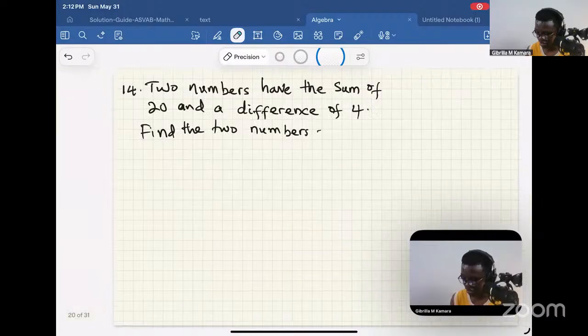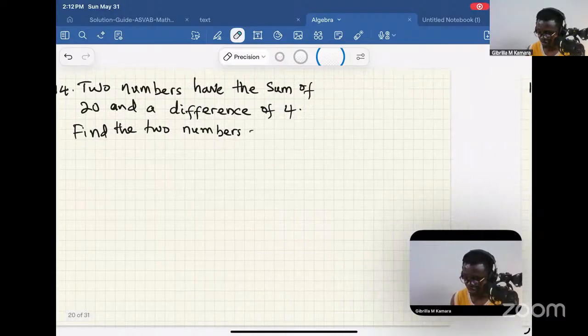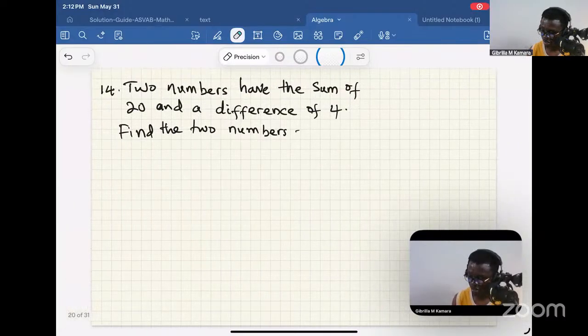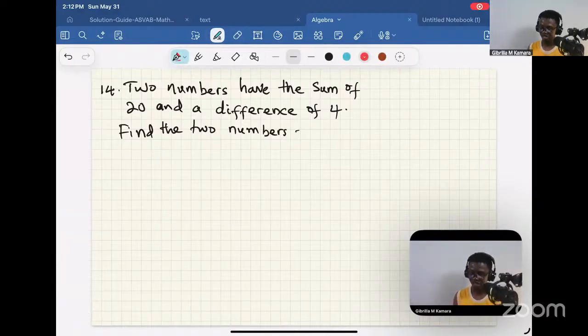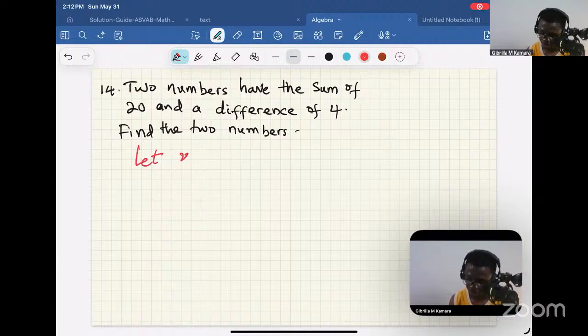Question 13 again, algebraic. This is a different question. So let's just interpret this one and solve it quickly. It says two numbers have the sum of 20 and a difference of 4. What are the numbers? So let A and B represent the numbers.